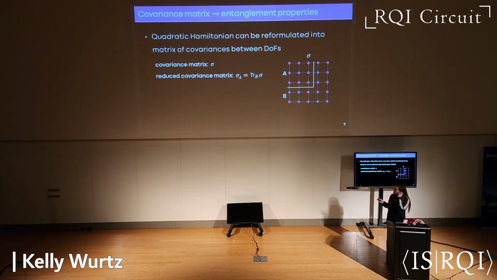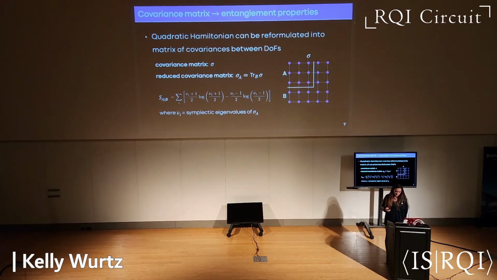And then we find the symplectic eigenvalues of the matrix that results, and then we just effectively add them up in the way that the formula for the entanglement entropy dictates to get the full entanglement entropy between the two subregions. So that's how we find the full entanglement between complementary subregions.